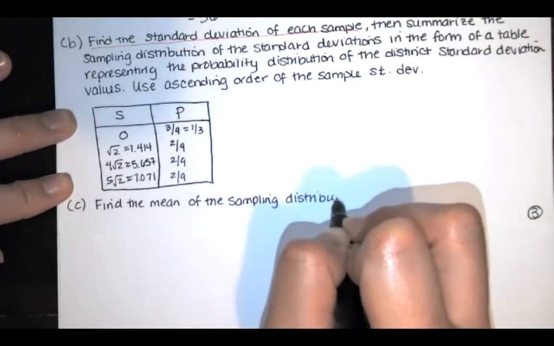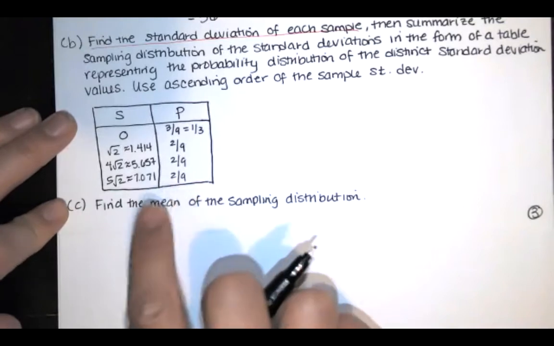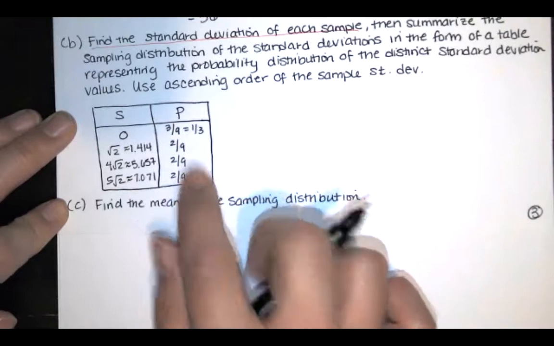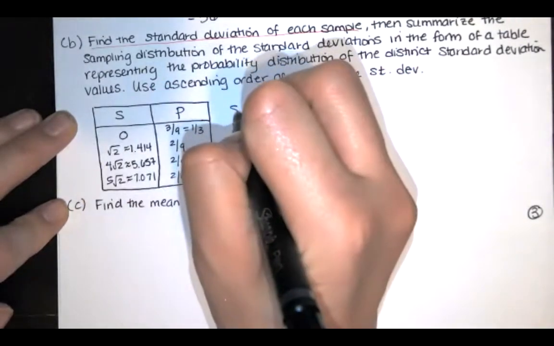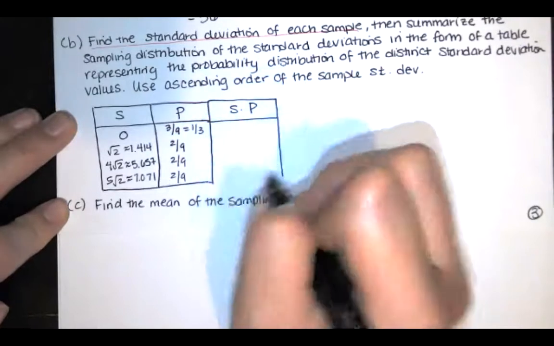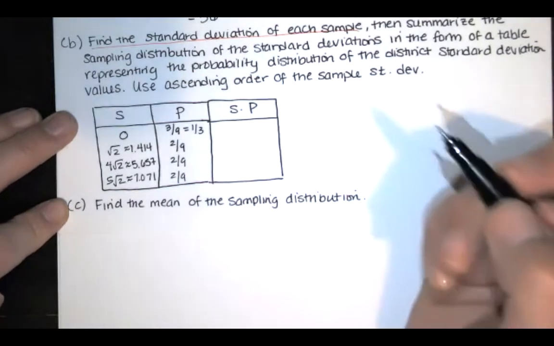Remember how we do that. If you have values and you have the corresponding probabilities, if you want the mean value of that, given this probability distribution, you take each of those values and you multiply by the corresponding probability. And then you add them together, and that's the mean.